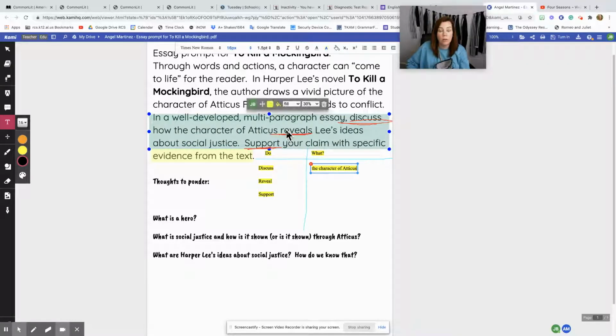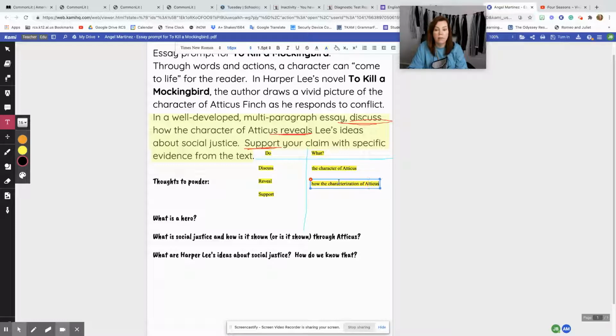Well, we're going to hopefully explain how the characterization of Atticus reveals, I'm going to use the word shows, Lee's ideas about social justice.